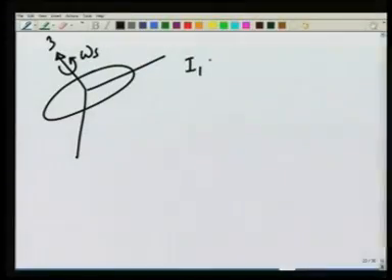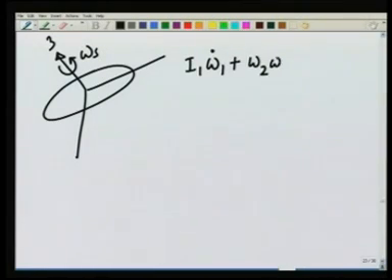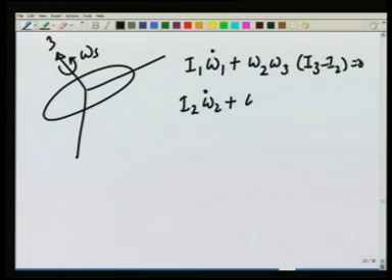So, I1 omega 1 dot plus omega 2 omega 3 (I3 minus I2) is 0, and so is I2 omega 2 dot plus omega 3 omega 1 (I1 minus I3).